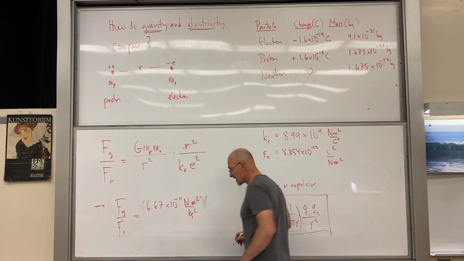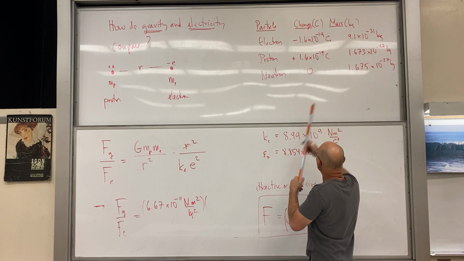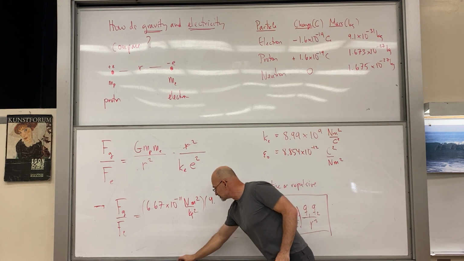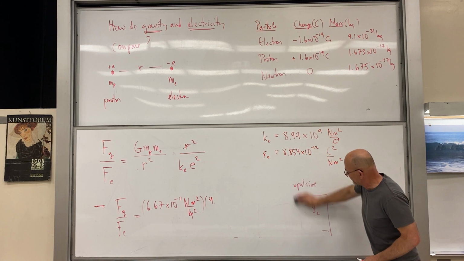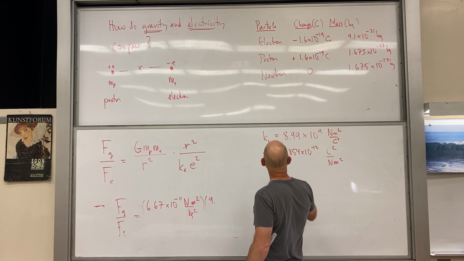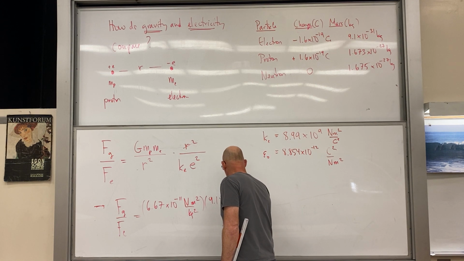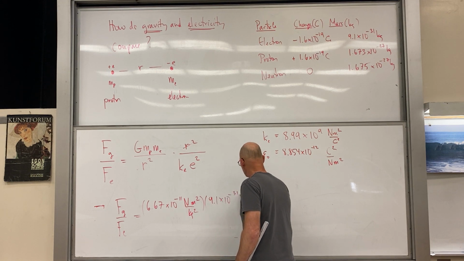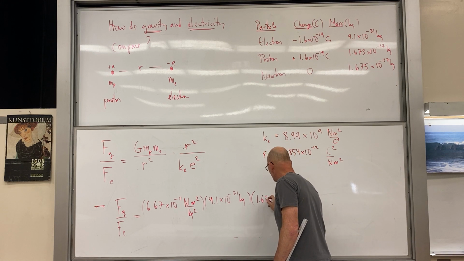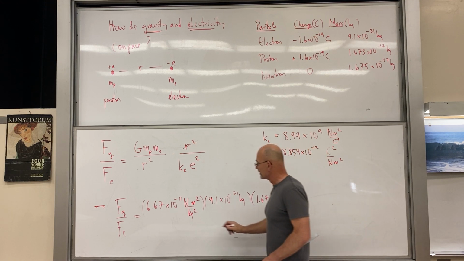And then we're going to have to multiply these two masses, electron and proton. I'm just going to put these numbers here. You guys should multiply them out. In fact, if you read the book, you'll see the book multiplies them out too. So 9.1 times 10 to the minus 31 kilograms, and then 1.673 times 10 to the minus 27 kilograms.